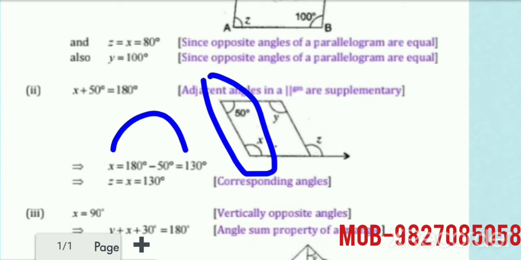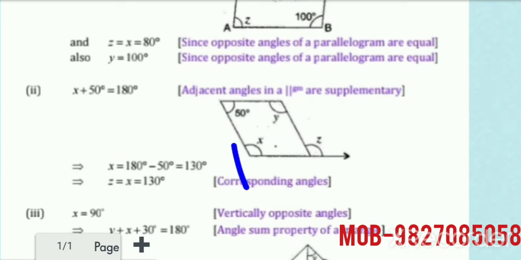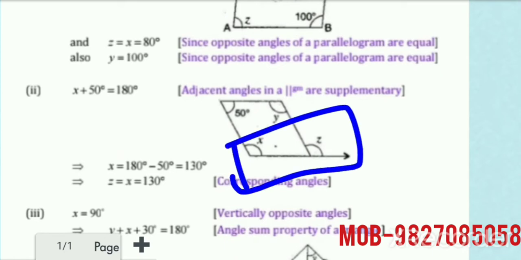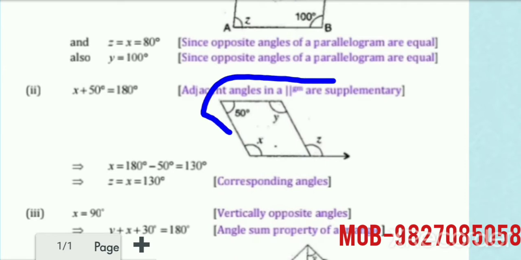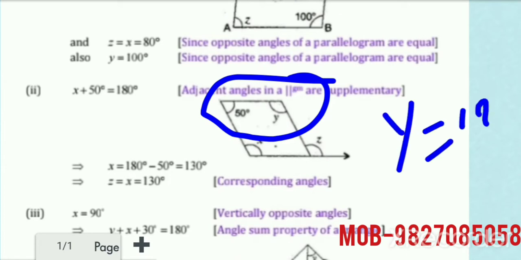Again angle x and z, we find they are 130 because x and z are equal, as they are corresponding angles. Okay. And when we are talking about y, they are again 180, so we can easily say y is equal to 130. Okay.